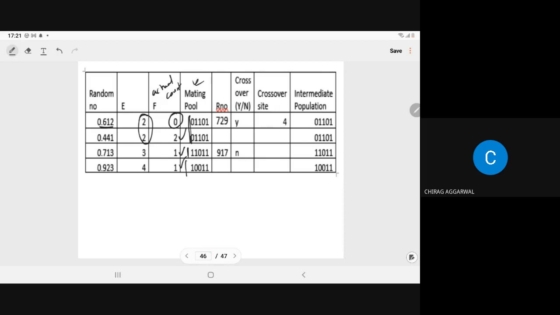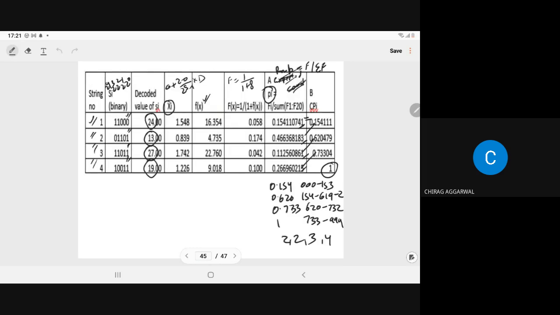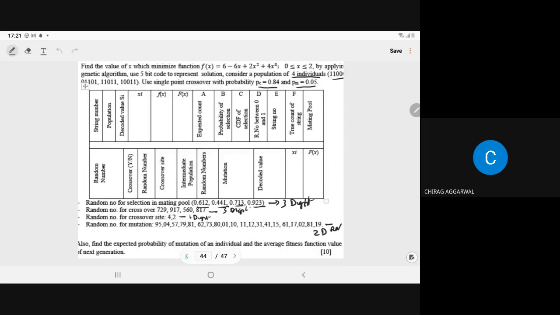After the mating pool, we have to go with the crossover. For the crossover, we take the pair. Convention is we take the pair from the starting. Here the crossover probability is given to you as PC equal to 0.84, and the random number for the crossover is again 3 digits.